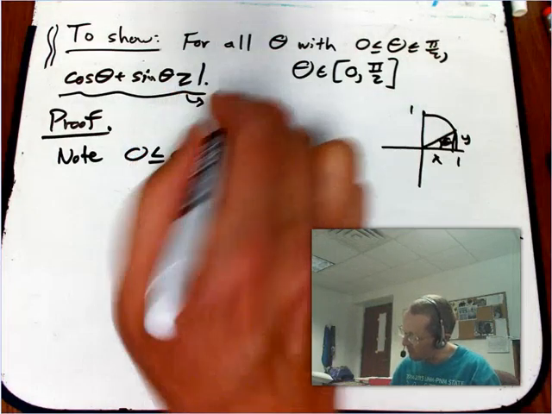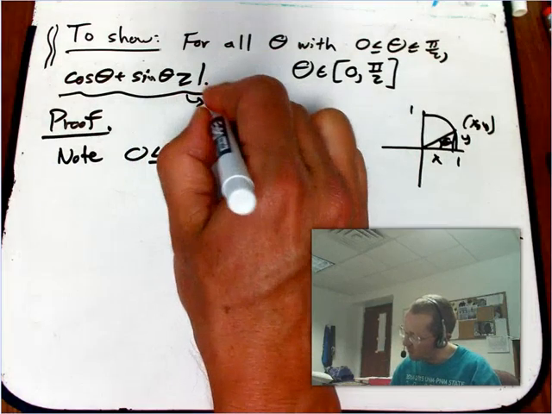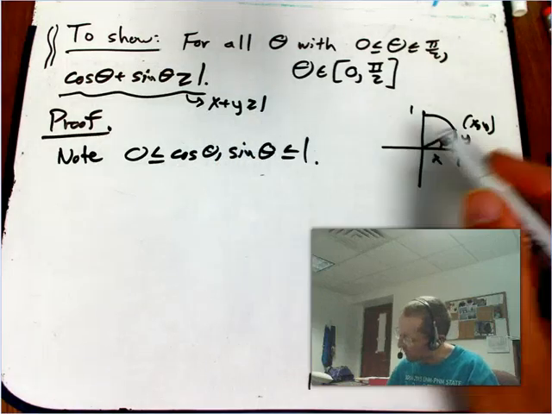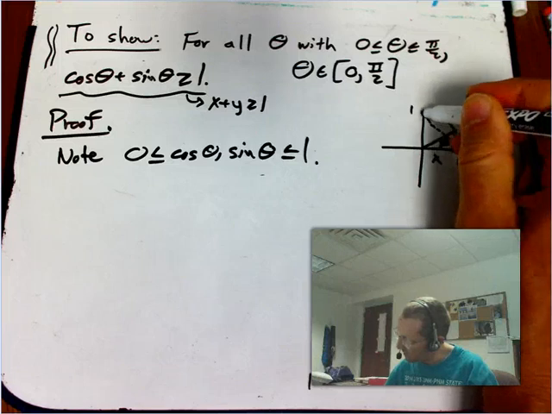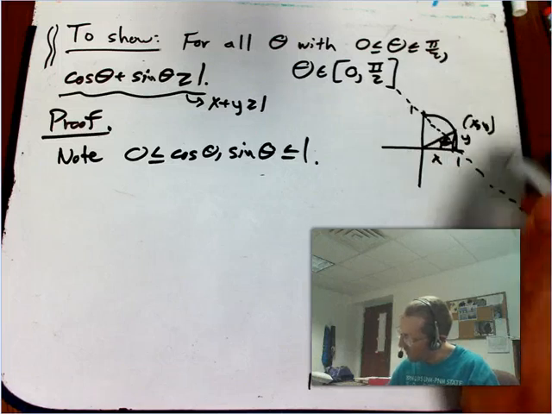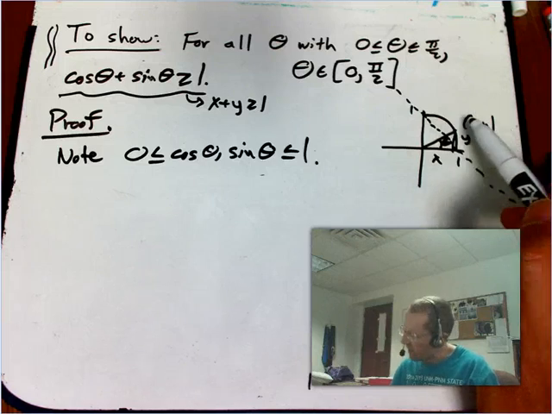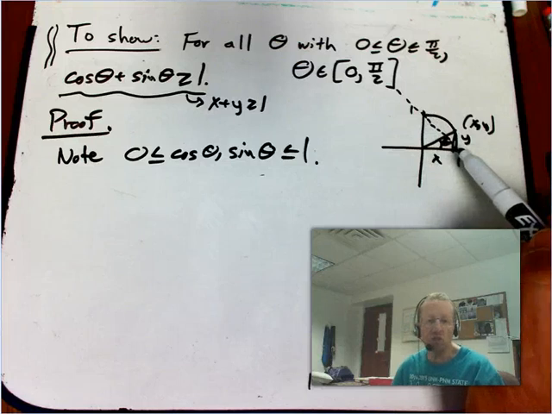So I'm saying that if this point has coordinates x, y on the unit circle, then x plus y is greater than or equal to 1. Well, x plus y equals 1 is the line like this, and greater than or equal to 1 is where x and y are bigger in aggregate. So it's saying that this part of the circle is up and to the right of that line. Geometrically really obvious.